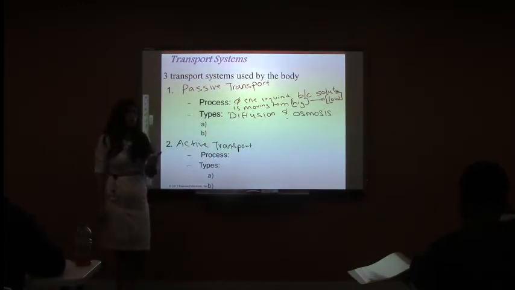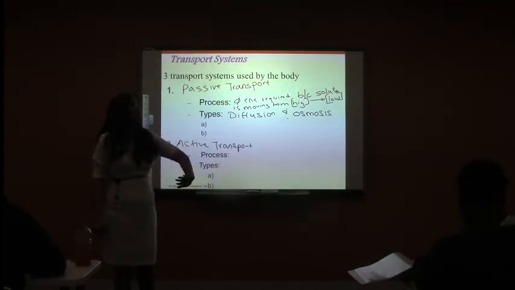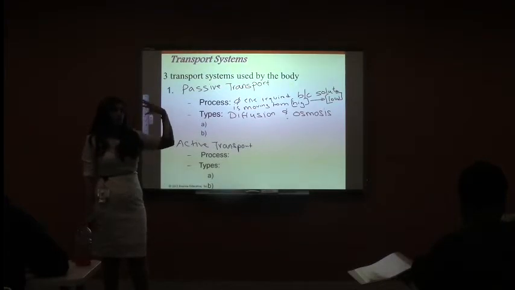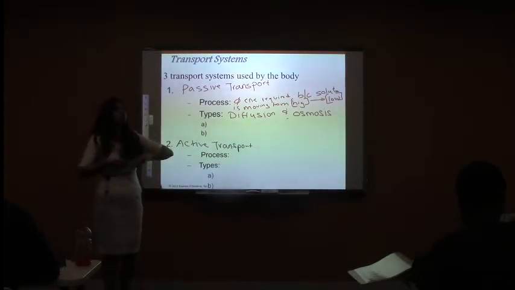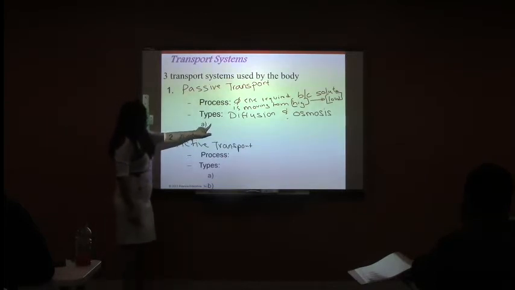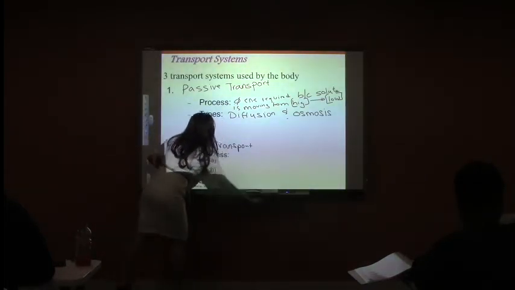No energy is required because solute is going from a higher solute concentration into an area of lower solute concentration. Okay? It's either leaving the cell or entering the cell. But wherever it enters, the solute concentration is low. Make sense? Okay. Oh, the types were supposed to be osmosis and diffusion. Sorry, I wrote it at the wrong place.